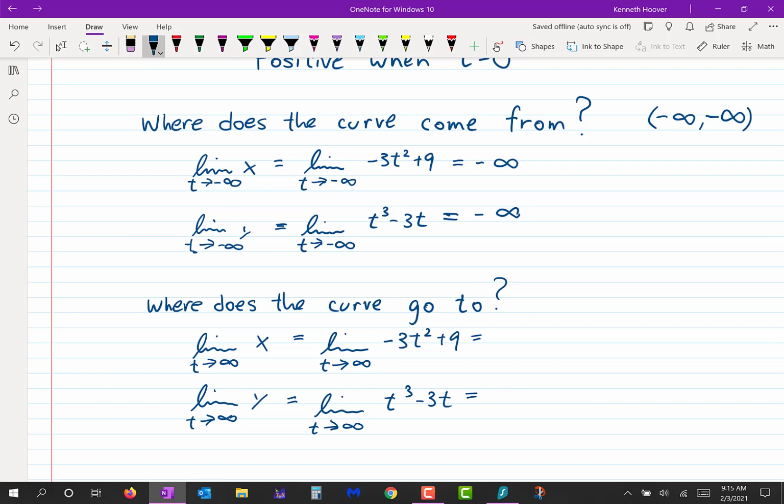Okay, go ahead and work out those limits and see what you get. You should get negative infinity for this one and positive infinity for this one. So the curve goes to negative infinity, infinity, which is not really a point, but let's look back at the picture.